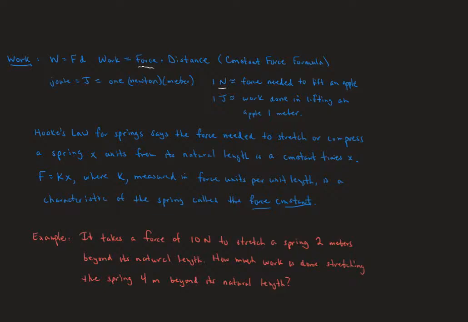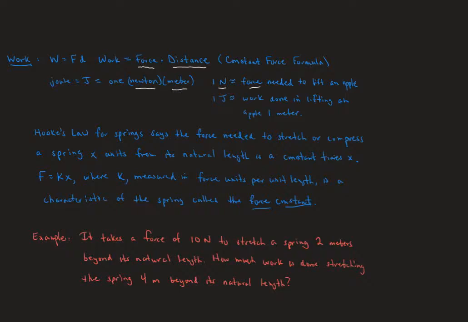So if we're in English measure, we get this weird thing like force in pounds times distance, a lot of times measured in feet. So your work might be something like foot-pounds, which seems strange unless you have done a lot of physics. In metric, the force is measured in newtons, and from what I have found, 1 newton is the force that's needed to lift a typical apple, and then the distance is going to be in meters.